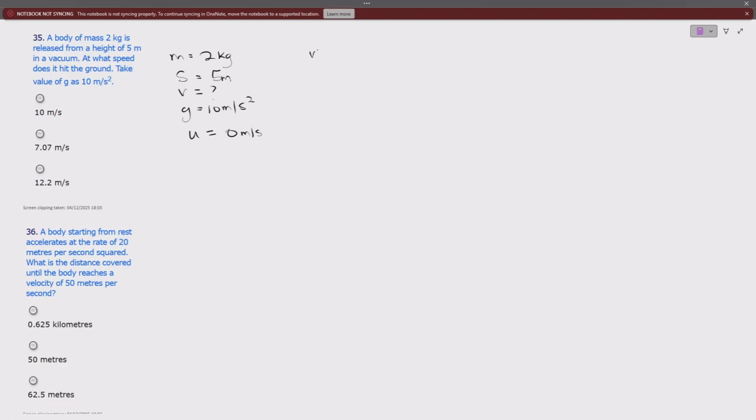So v squared equals u squared plus 2gs. v squared equals 0 squared plus 2 into 10 times 5. v squared equals 2 times 10 times 5 equals 100. v equals the square root of 100. That is going to give you 10 meters per second.